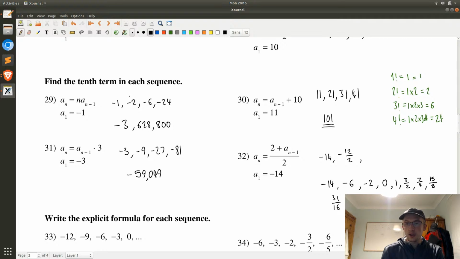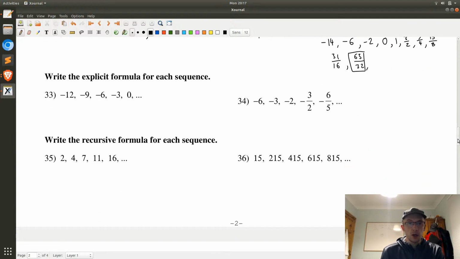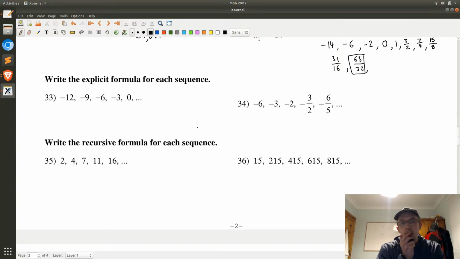Those are the powers of 2, but take away 1. So the next one comes simple now. It's just going to be 63 over 32. Great. Probably could have gotten that in a much more sophisticated and better way, but it's a process. So write the explicit formula for each sequence.